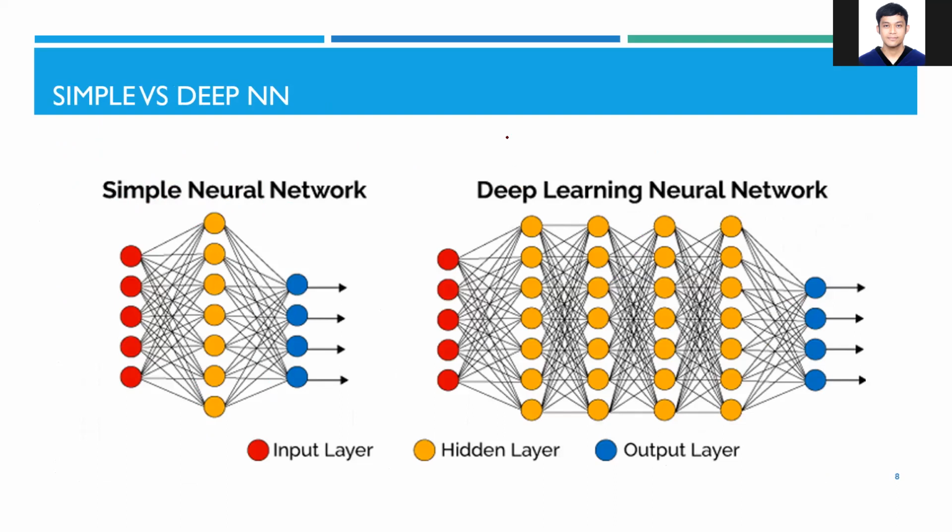But sometimes we hear about deep learning neural networks, because they have many hidden layers. So basically, the basic one of deep learning is the neural network. But because the structure is very complex, due to so many nodes or hidden layers, they call it deep learning.